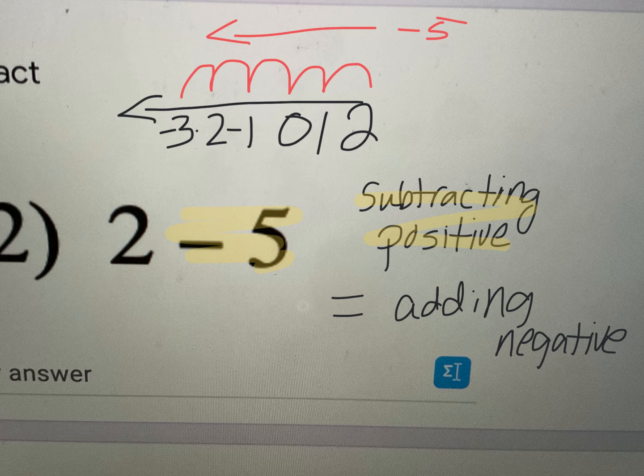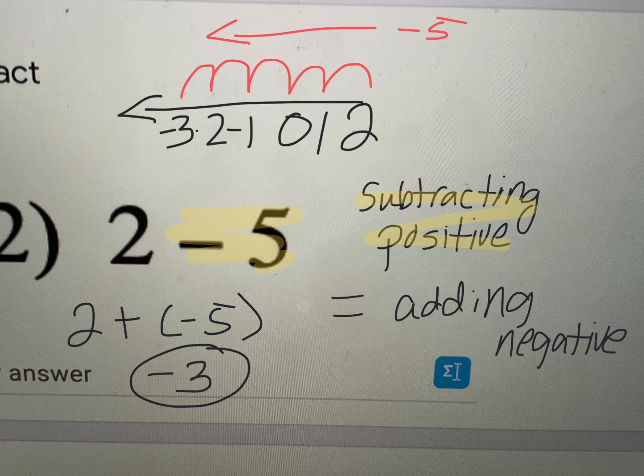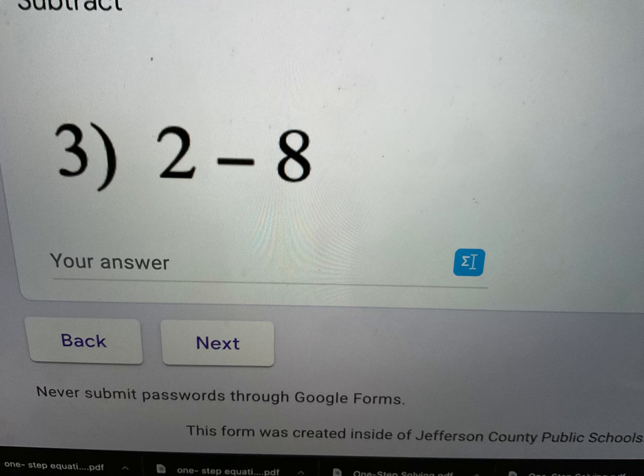So another way to think about it is if this were 2 plus -5, remember those are a different sign, so you're going to subtract and then take the sign of the number that you have more of. So either way you look at it, that answer is going to be a -3.